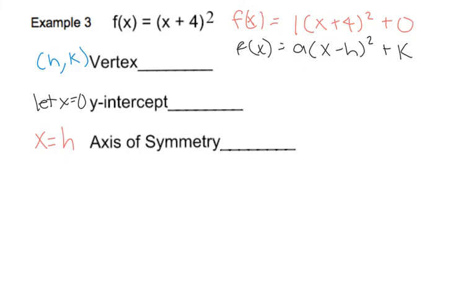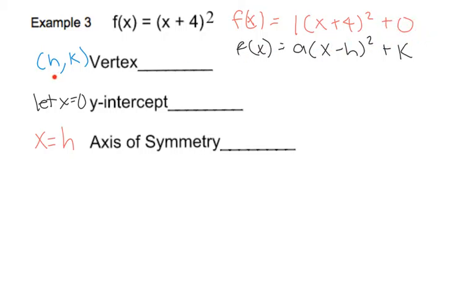All right, so example 3, notice they give us f of x equals x plus 4 squared. It seems like we have a lot of missing information, so that's why I rewrote the problem. F of x equals, a is 1, because there's nothing here, so it's understood to be 1, times x plus 4 squared plus 0.